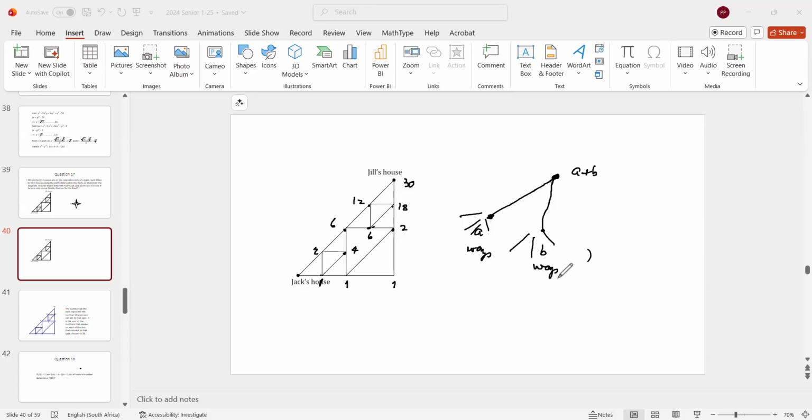I don't know if this is correct, but 4 ways, 4 plus 2 is 6. Here, there's only one way. All right, so my answer is 30. And let's hope that it is 30.